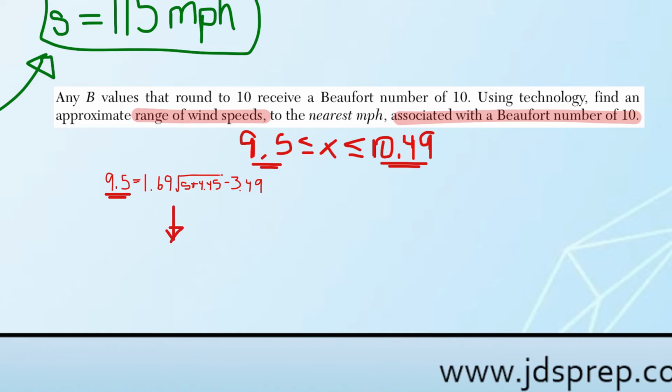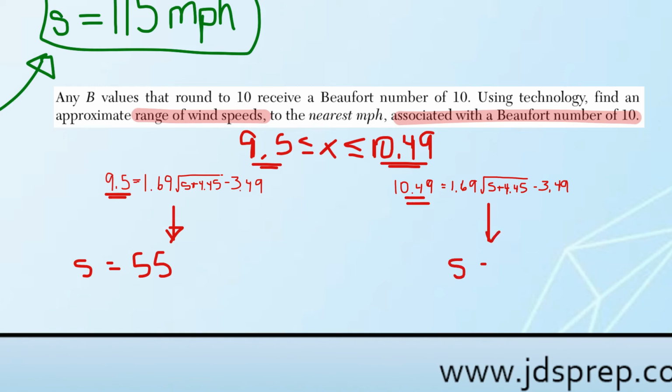But when you work it out, you get a rounded answer of 55. And then over on the right-hand side here, you see I've replaced B with 10.49, and then when we solve for S in that case, we get a rounded answer of 64.